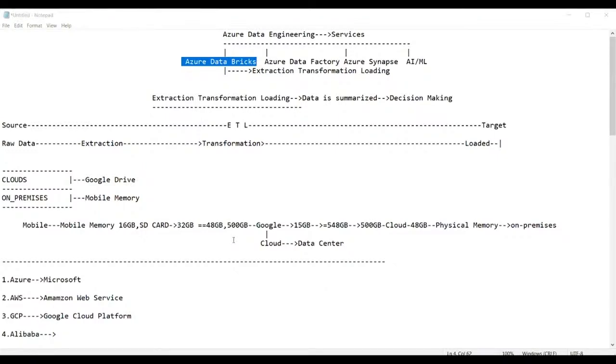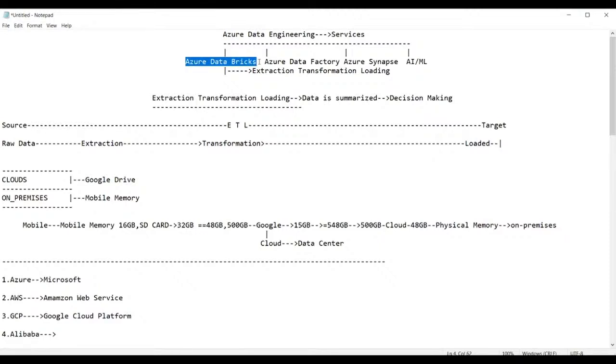Azure Data Factory and Azure Databricks are both used for the same process. But in Azure Databricks you use a character user interface, where you use different languages: Python, Scala, R, and SQL.